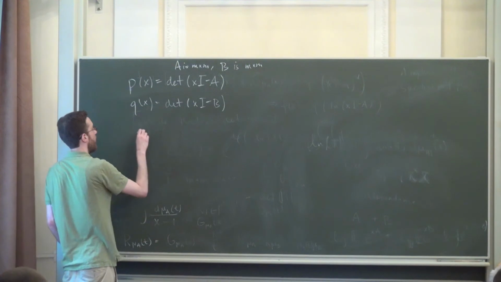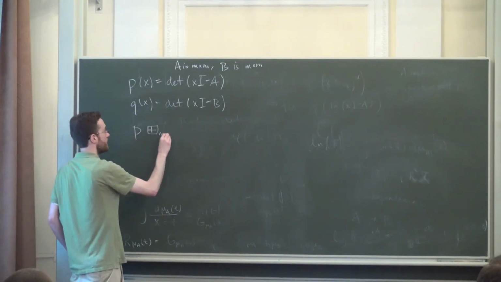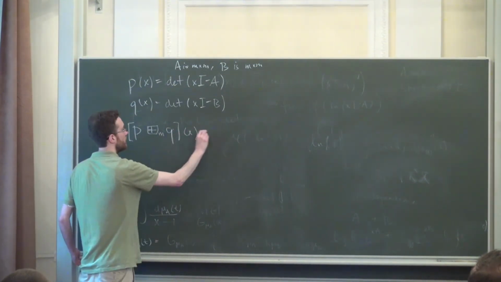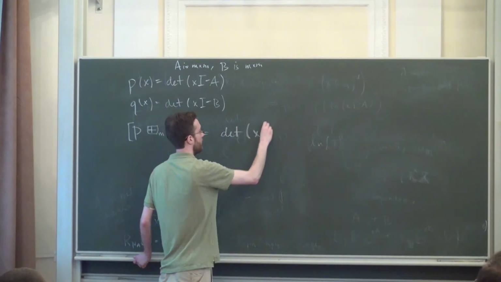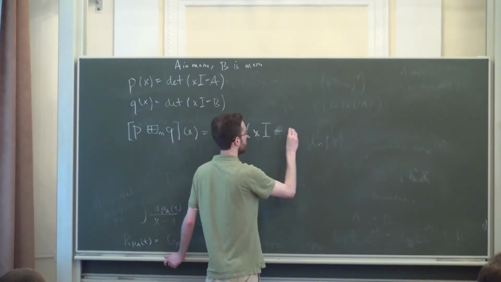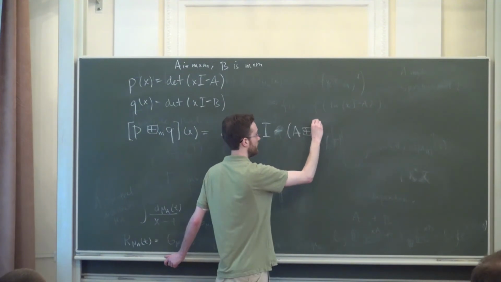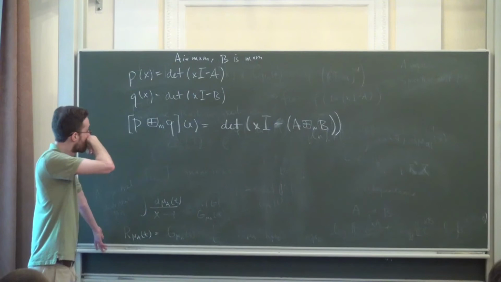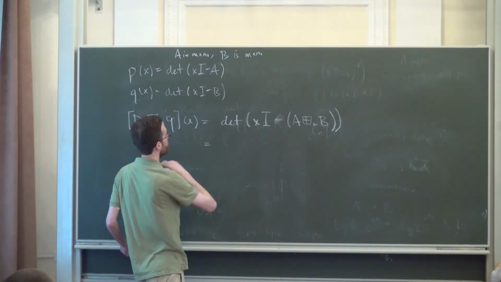Then I can write P, let me abuse notation and write this again, as the determinant of xI minus A, and I have a formula for it.